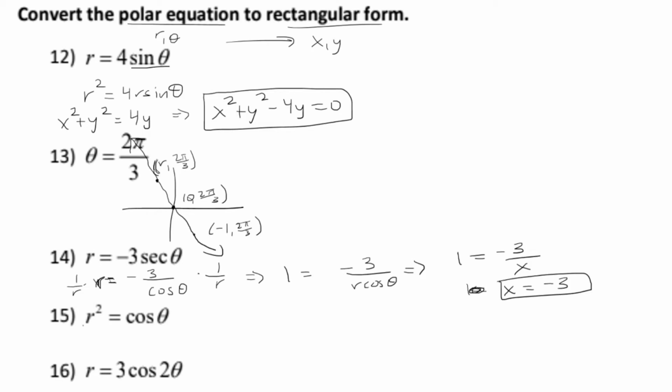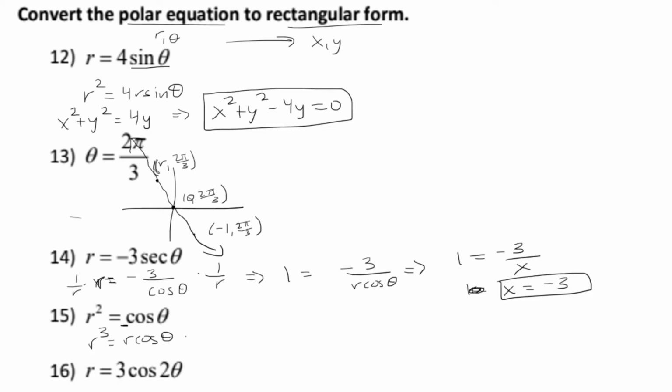Okay, that's 14. For 15, we notice that there's nothing in front of the cosine. I want there to be an r, so I'm going to multiply both sides by r. So I have r cubed is equal to r cosine theta.